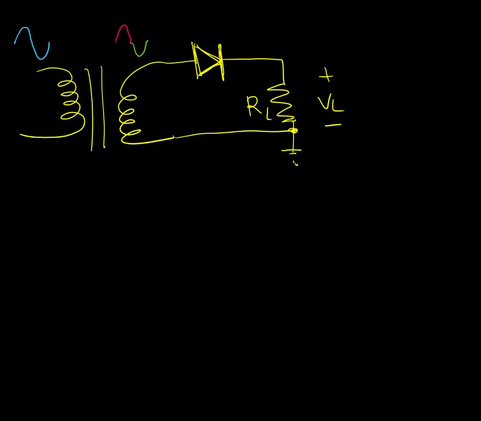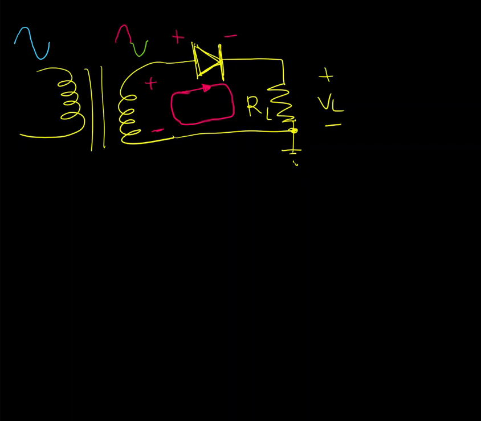Now for the positive cycle, the polarity across the secondary is this, and this puts a polarity across the diode like so. So our diode in the positive cycle is going to be forward biased. Our current is going to flow through the load resistor and back to the secondary like so.